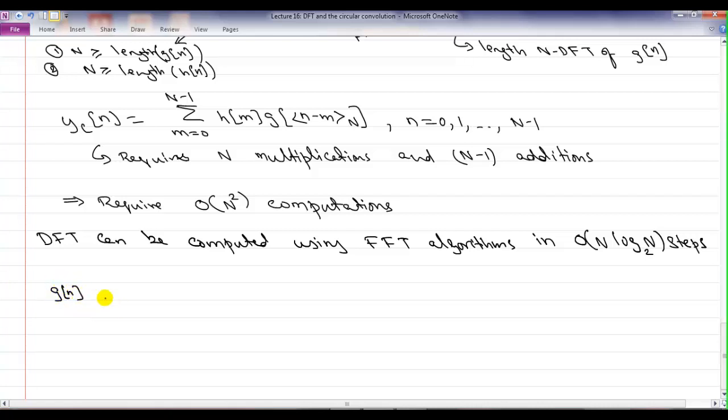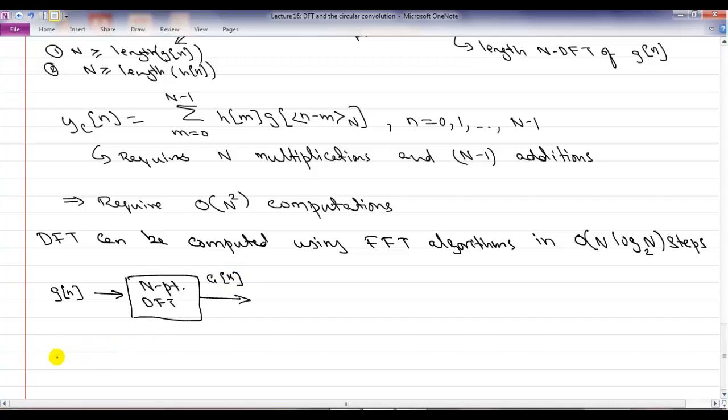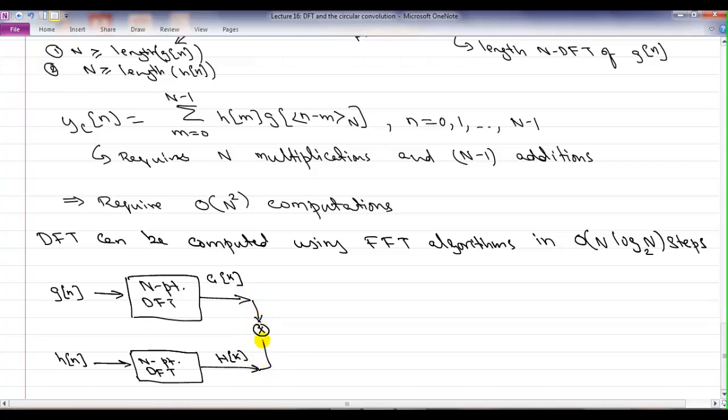So what is the step that you will take for computing circular convolution? You are given g[n], you compute its N-point DFT to get the sequence G[k]. Then you have your sequence h[n], you use the N-point DFT to compute the sequence H[k]. So now you have computed the DFTs of the two sequences and they are both N-point. Now, according to the circular convolution theorem, you multiply the two to get G[k]H[k].